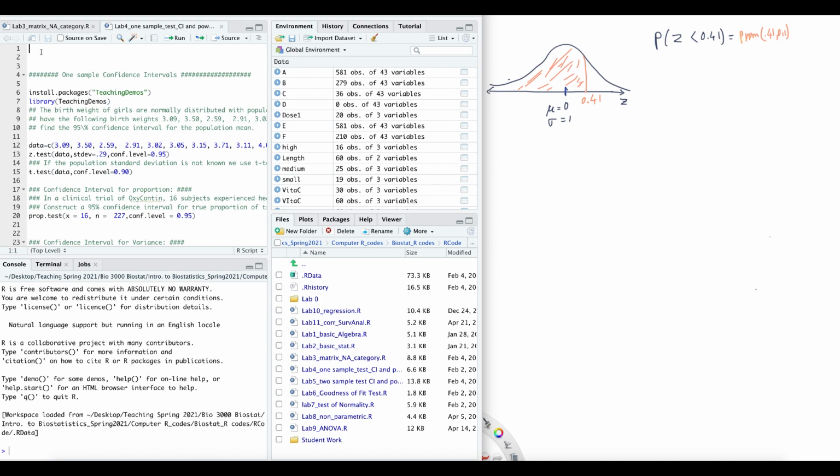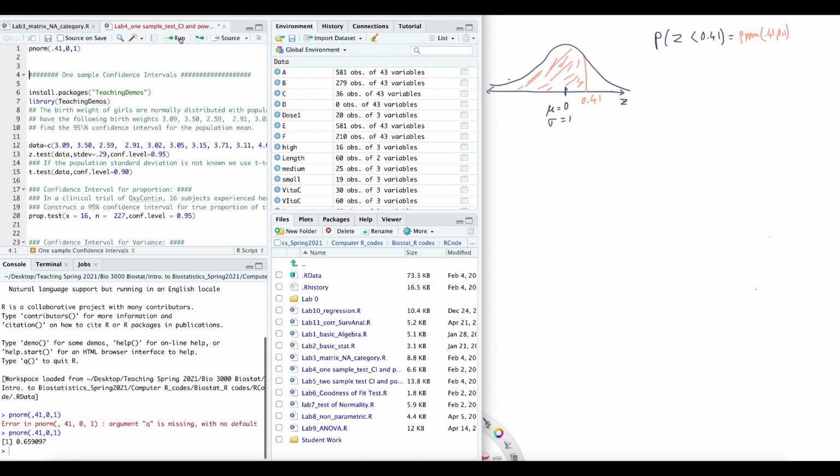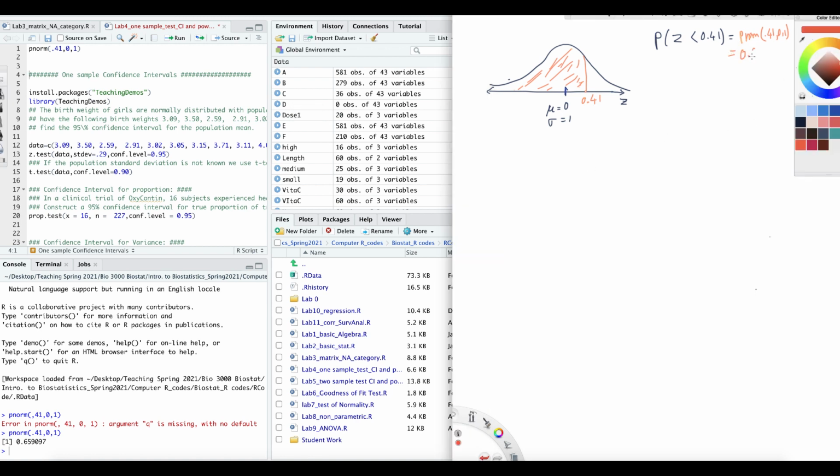Let me do it here. pnorm of 0.41 comma 0 comma 1, mean is 0, standard deviation is 1. If you run this, what do you get? You get 0.6591. This is what you get.